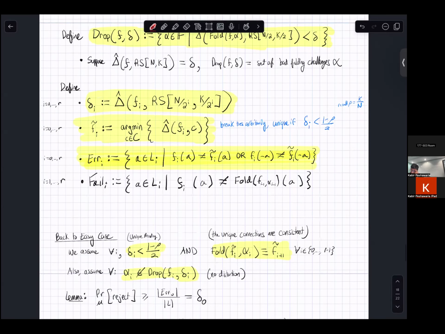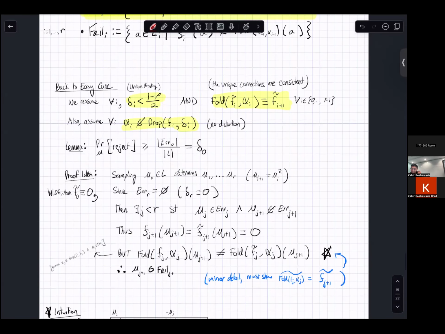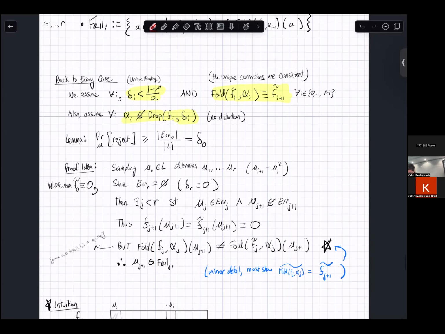So back to the supposed easy case. We're going to assume three things for simplicity. We're going to assume that we are always within unique decoding. We're going to assume that the unique corrections are always consistent. That means if I fold the closest code word to Fi, then I get the closest code word to Fi plus 1.